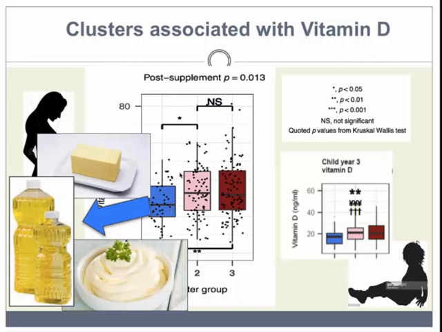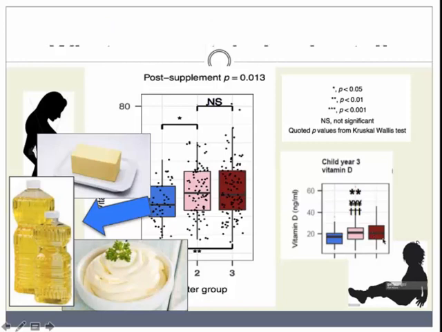Whereas we see in group 3, there are higher levels of vitamin D, groups 2 and 3, and they are associated with decreased inflammatory metabolites.